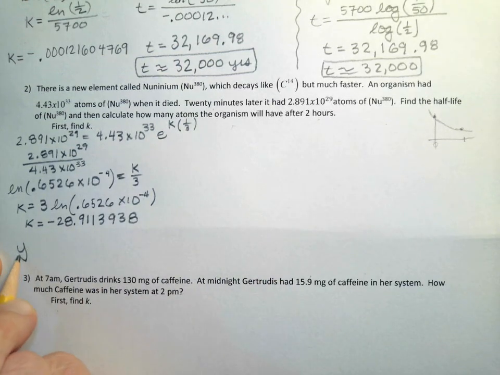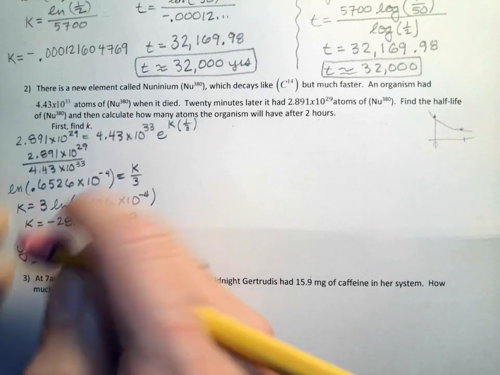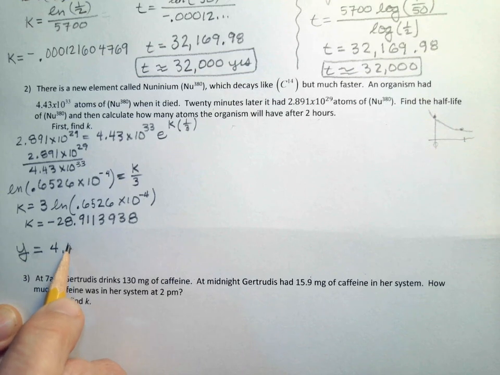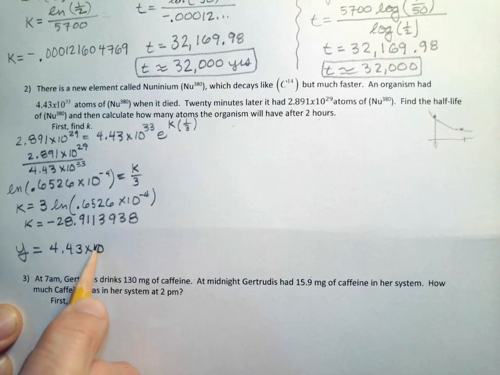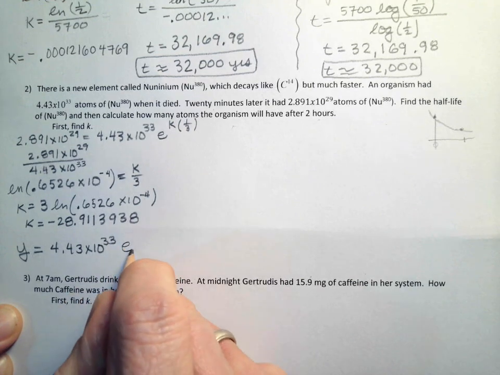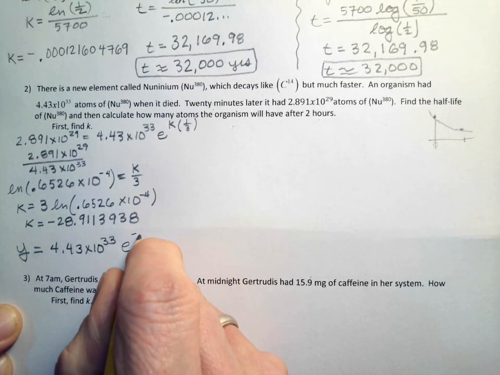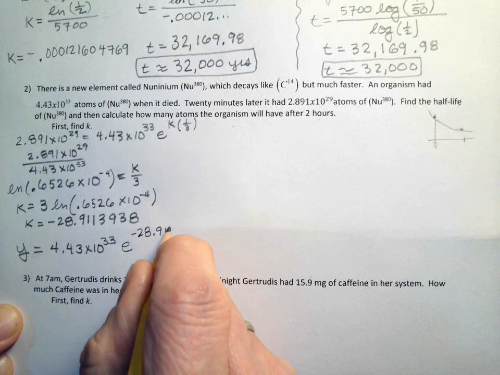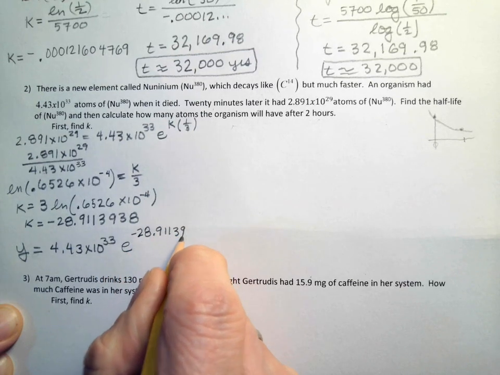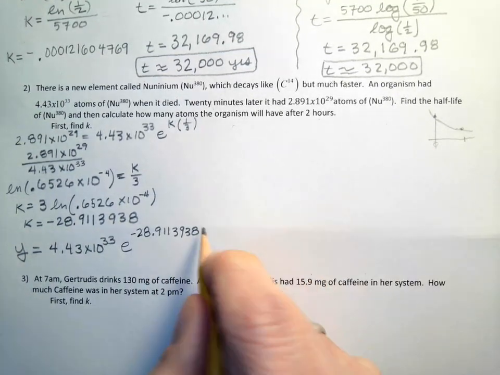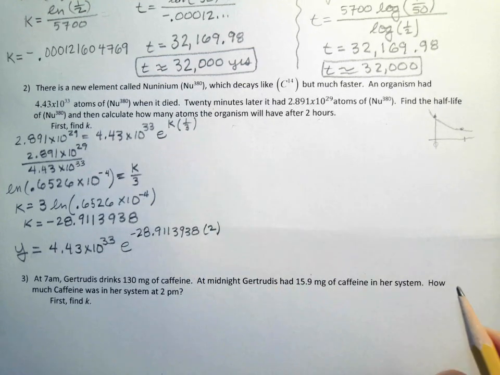That's just going to be pure calculator work, right? So the final amount is going to be our initial amount, 4.43 times 10 to the 33, and then e to the -28.9113938. And then we want to use a value of 2 here.